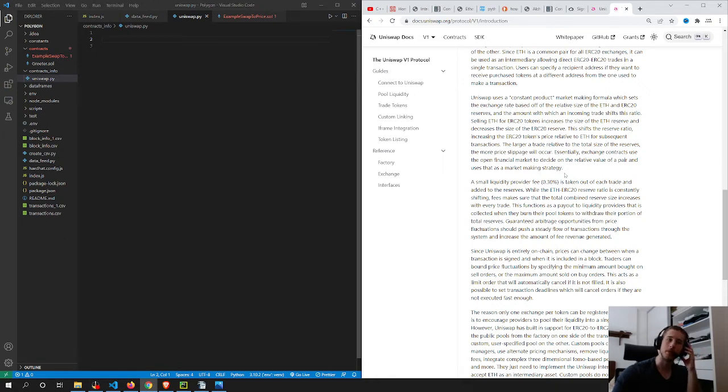And because it's based on the price. Yes, the quantity is constant, and what changes is the price based on the ratio. And then traders are gonna change that ratio by buying and selling.